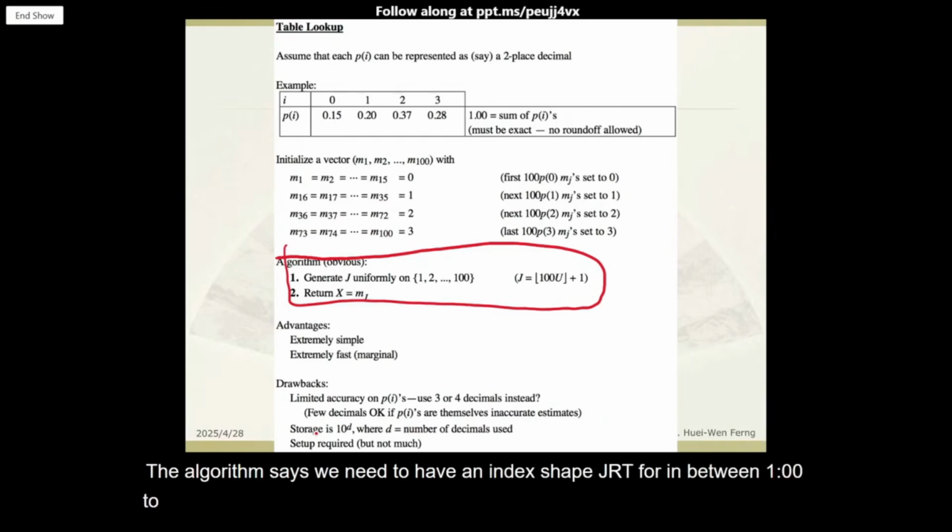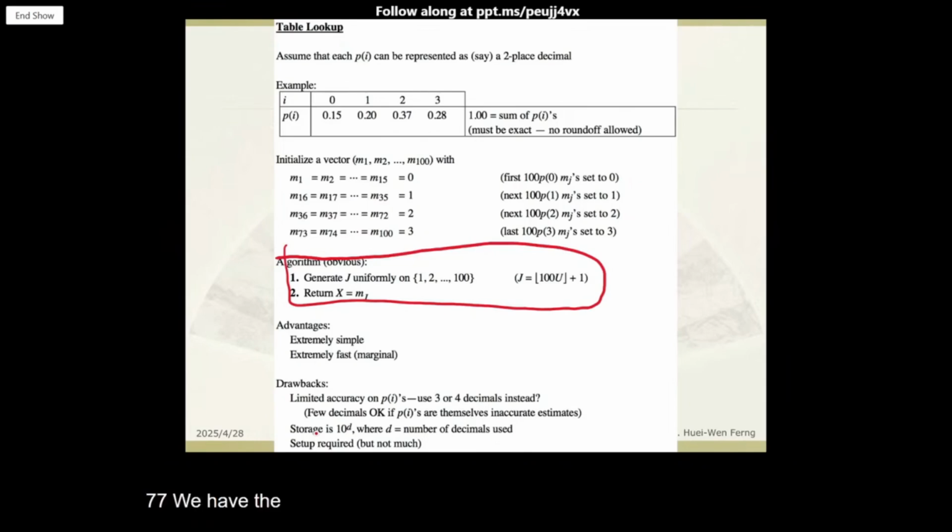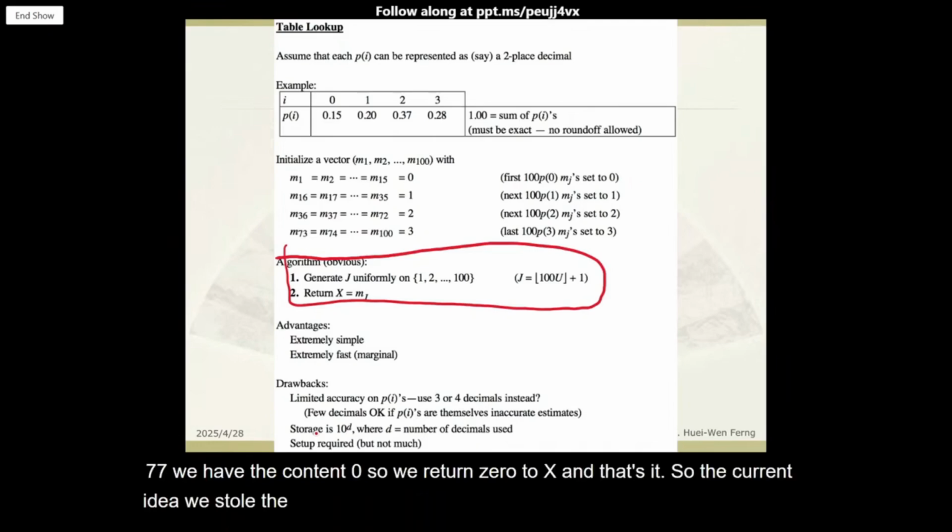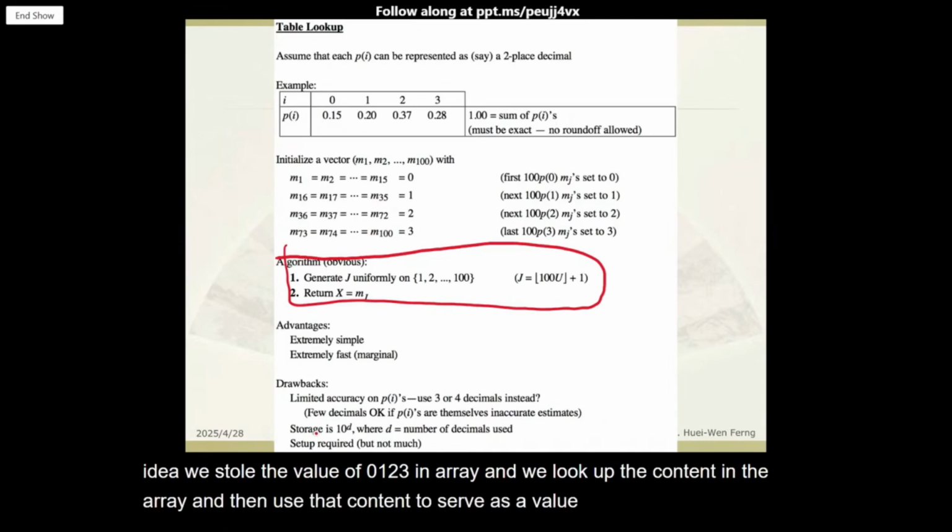For example, 7. At 7, we have the content 0, so we return 0 to x. And that's it. The idea is we store the values 0, 1, 2, 3 in the array, look up the content in the array, and use that content as the value for x. So this one is easy, right?